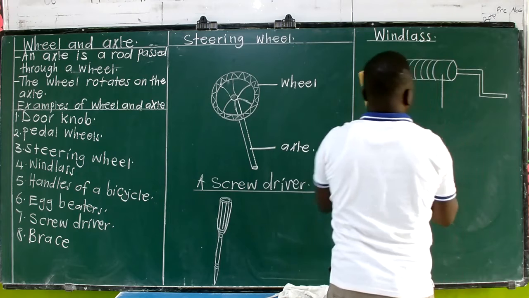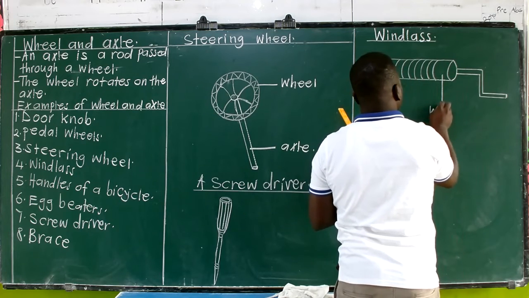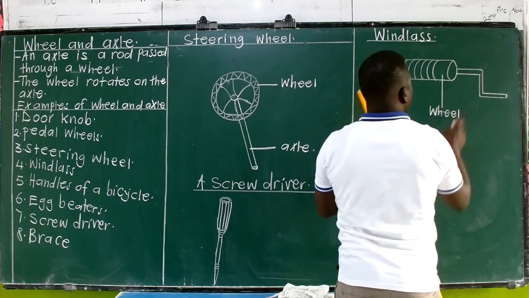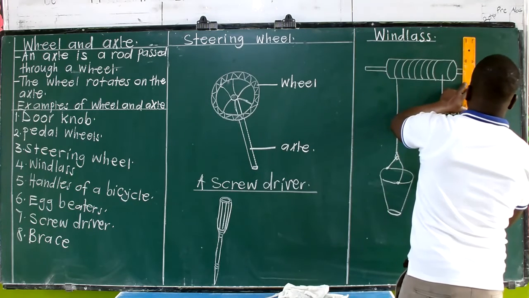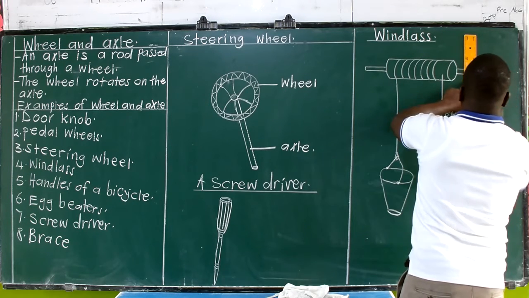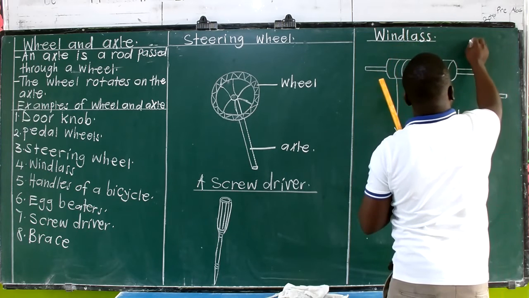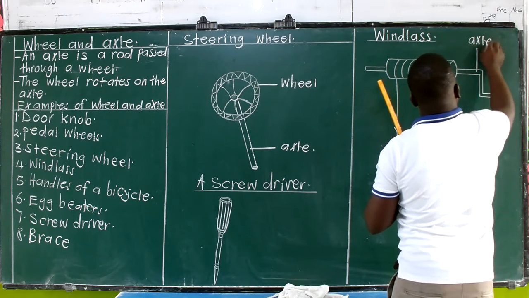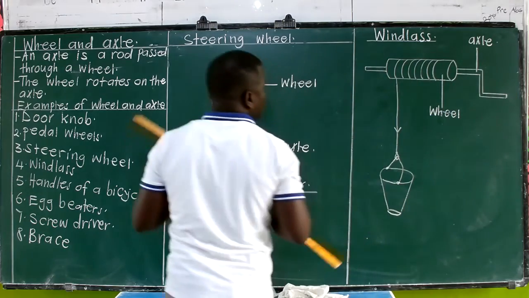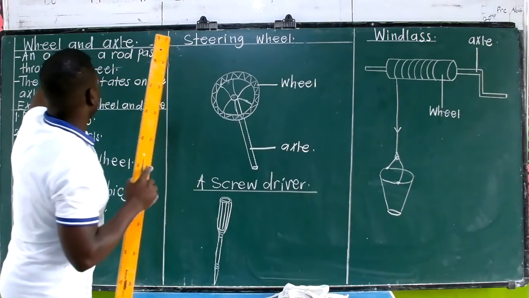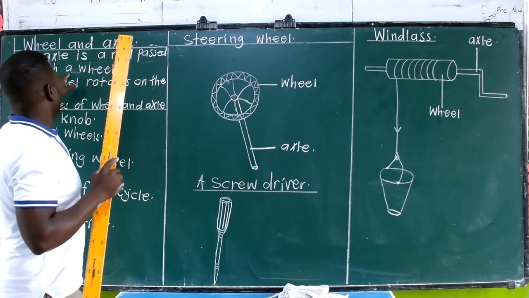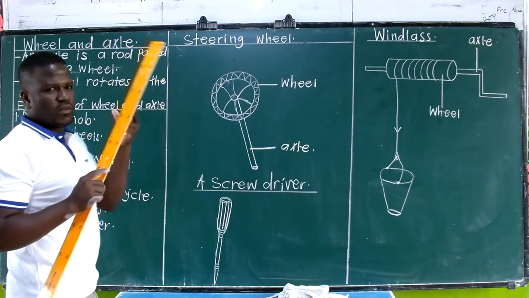This is the wheel. Then this one is the axle. Remember we said an axle is a rod that passes through the wheel.